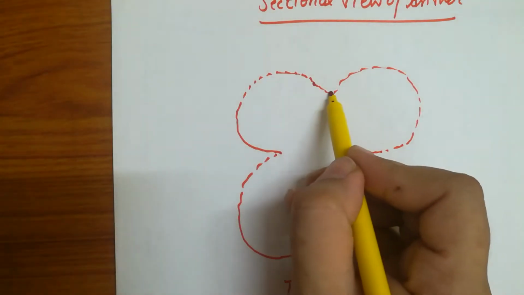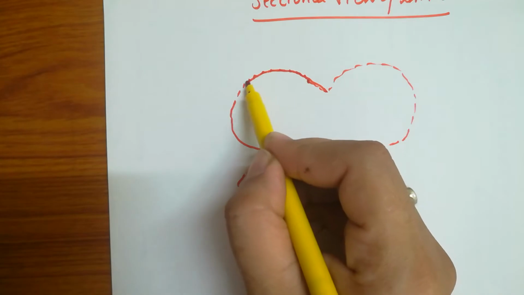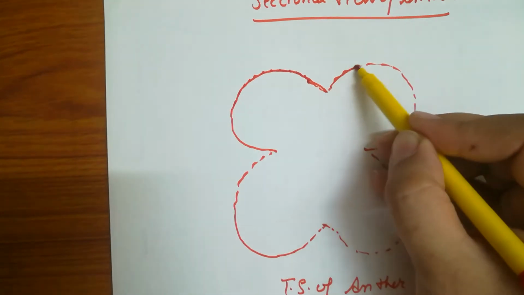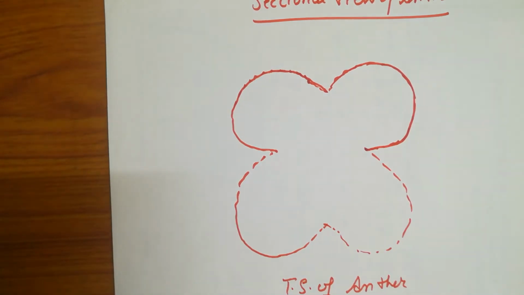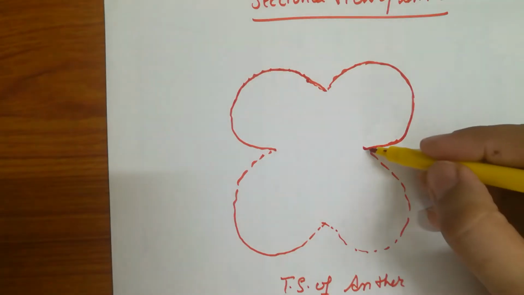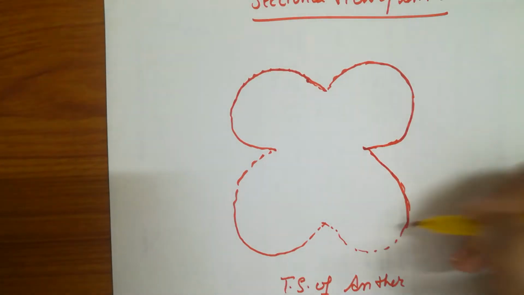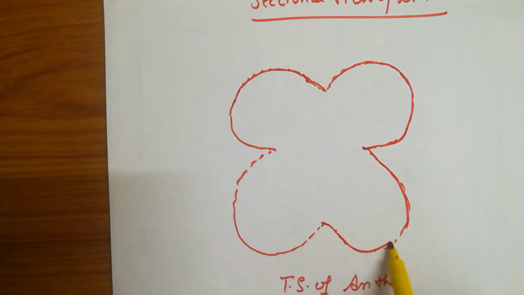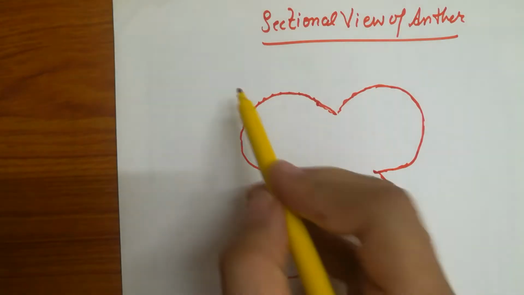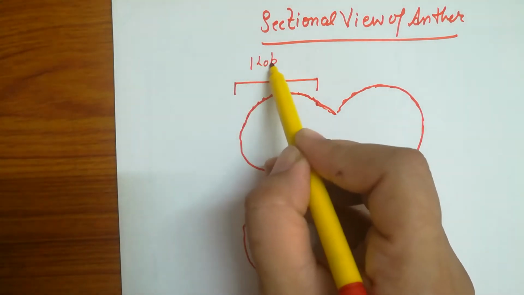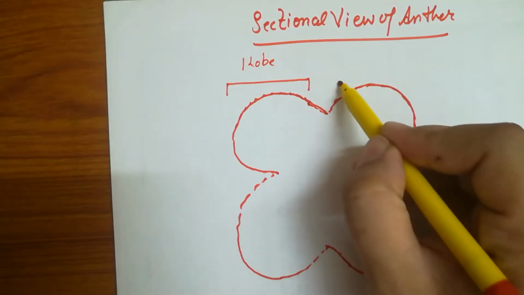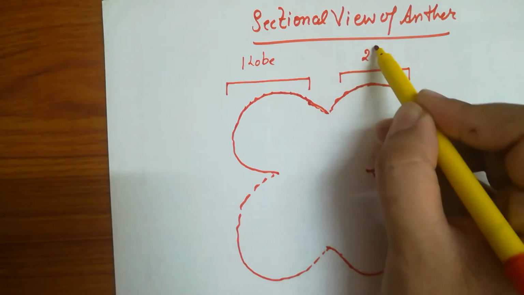You can do it like this. I'm making it here just for better understanding of the anther. As you can see, this is our one lobe and this is our second lobe.